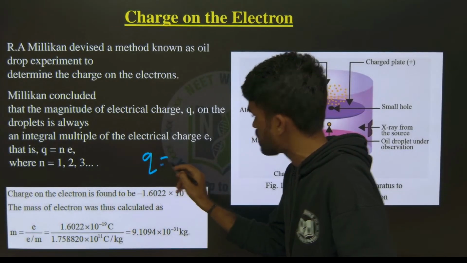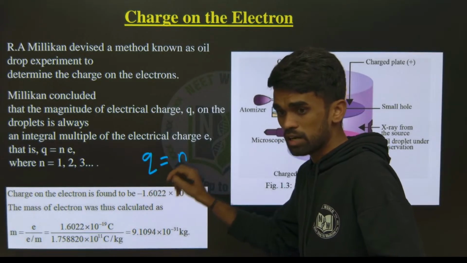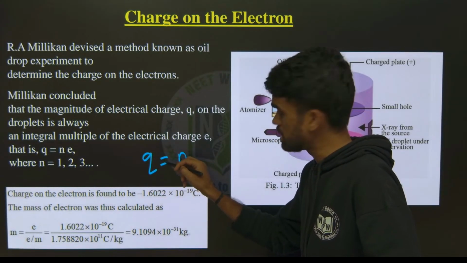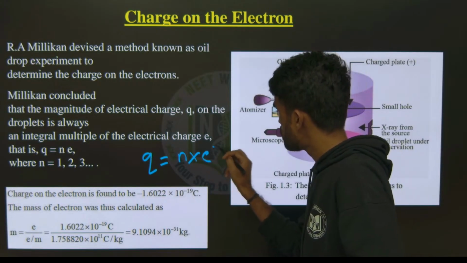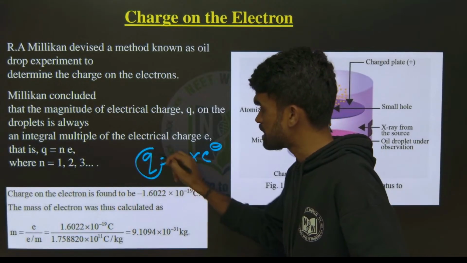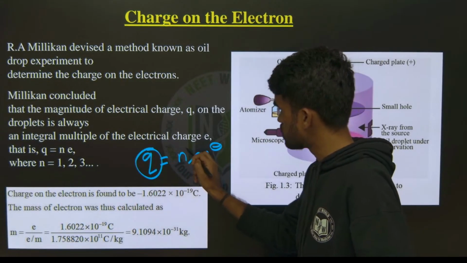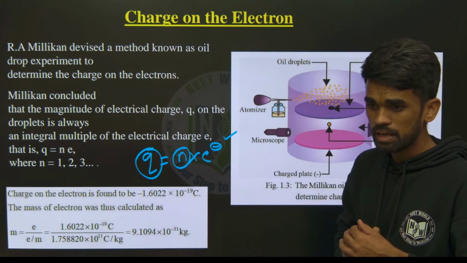The total charge of the oil drop, Q, is equal to the number of electrons present on that oil drop into the charge of one electron.